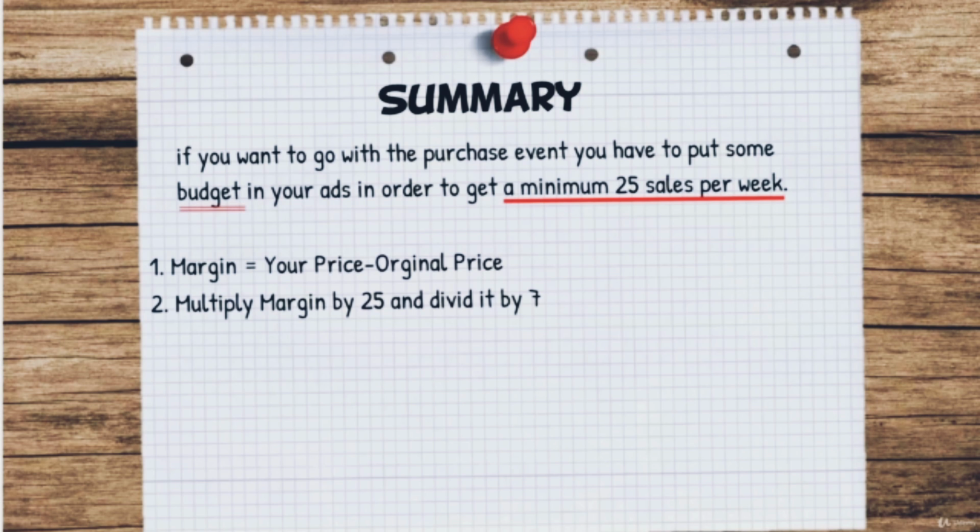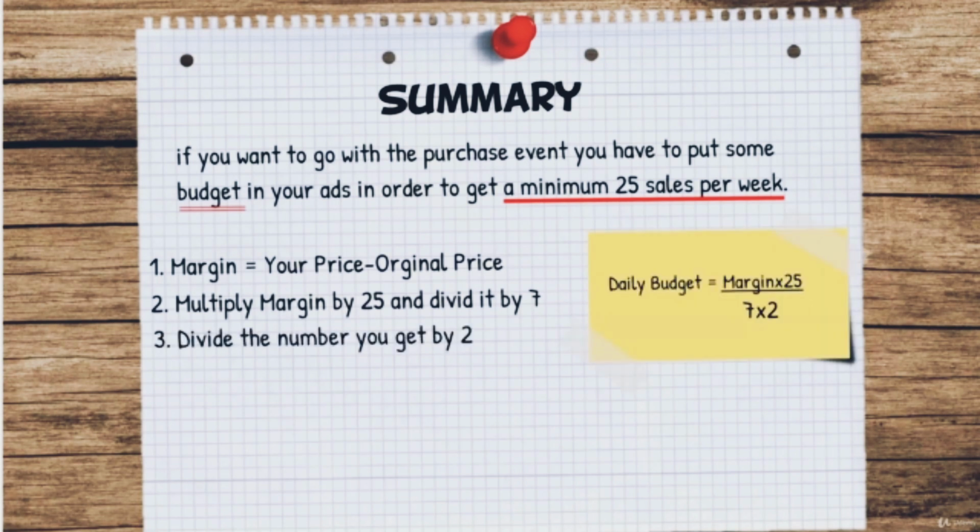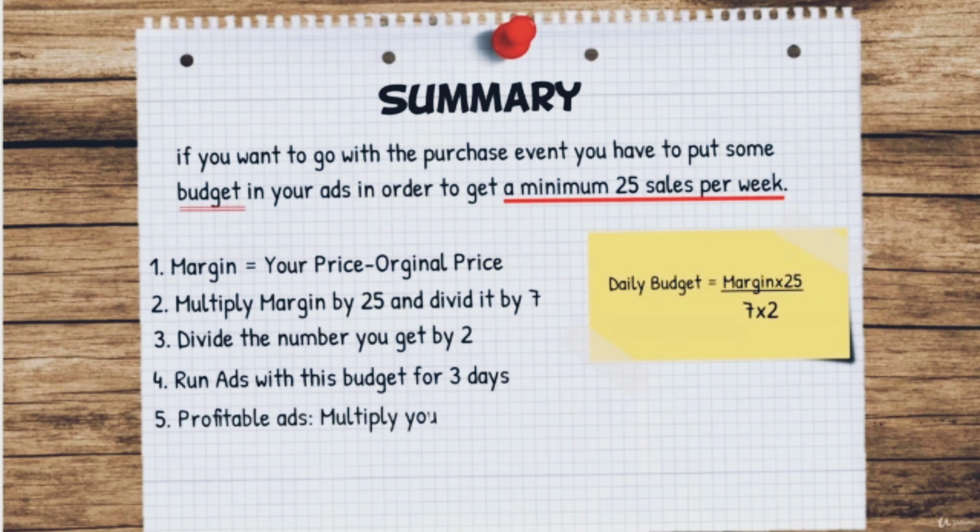But since we are not sure that we will be making these 25 sales at the end of the week, we will minimize our risks and we will divide this number by 2, and we will use it for our daily budget. If after 3 days your ad is profitable, then you multiply this daily budget by 3 in order to get these 25 sales.